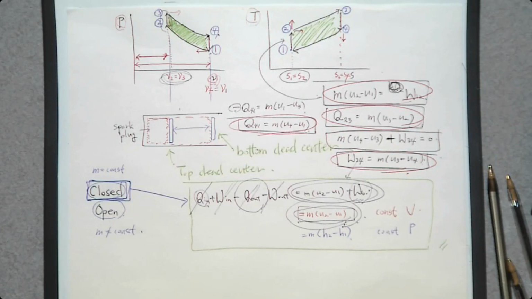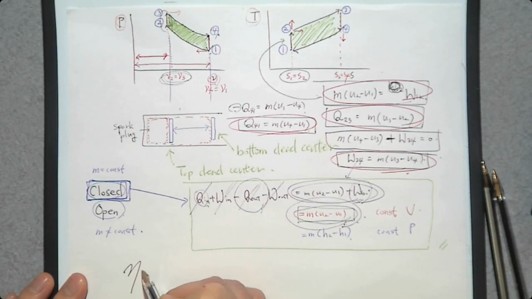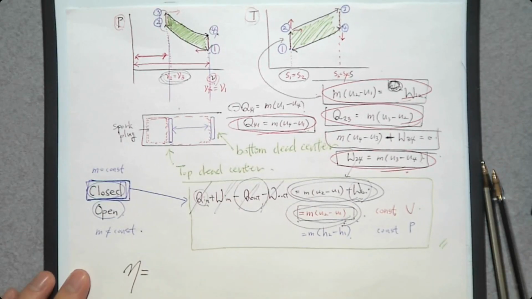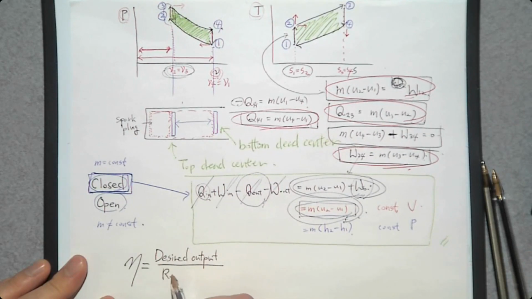Then, how can we determine the thermal efficiency? Let's evaluate the performance of this cycle. The efficiency can be determined by desired output over required input.